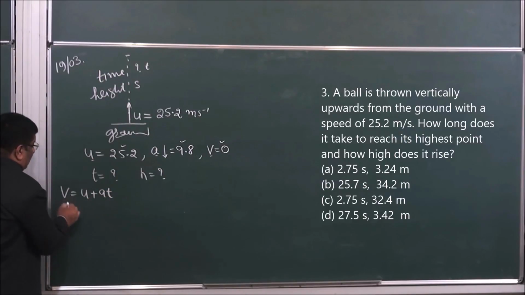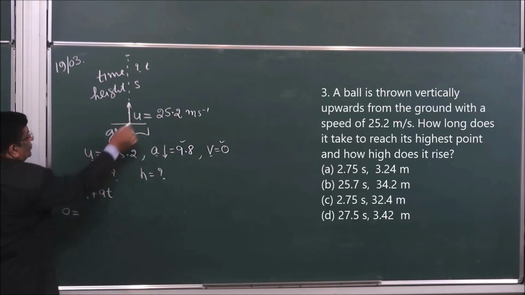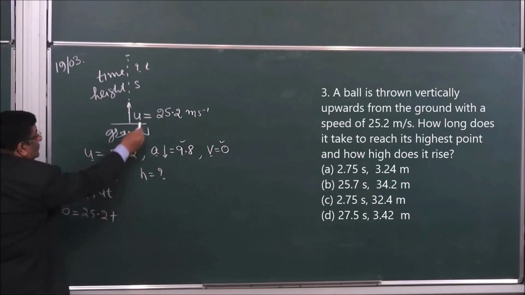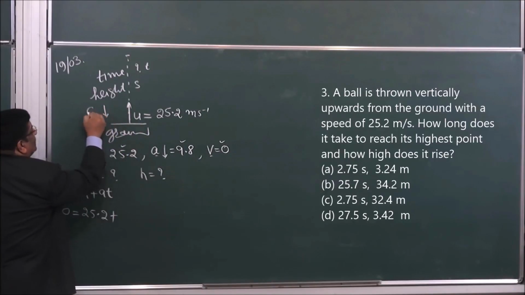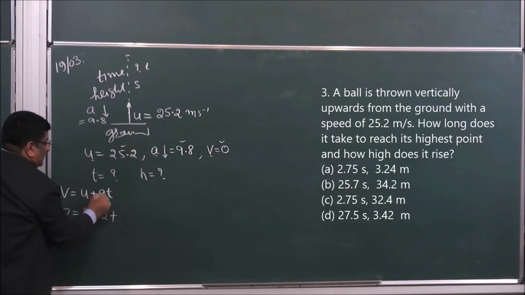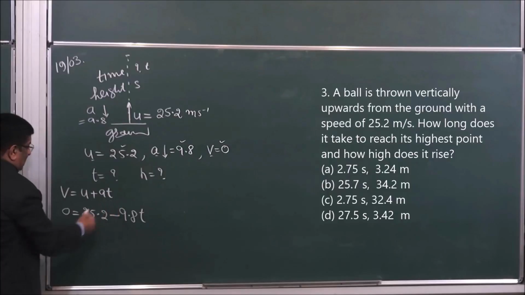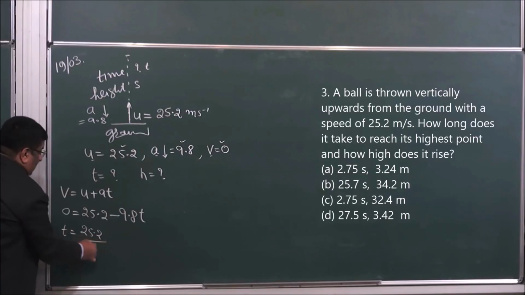Put the values here. v is 0, u is 25.2. u is upward and acceleration is downward, so we should take it minus 9.8 into t. And this gives us t is equal to 25.2 upon 9.8. Okay, this is the value of t.